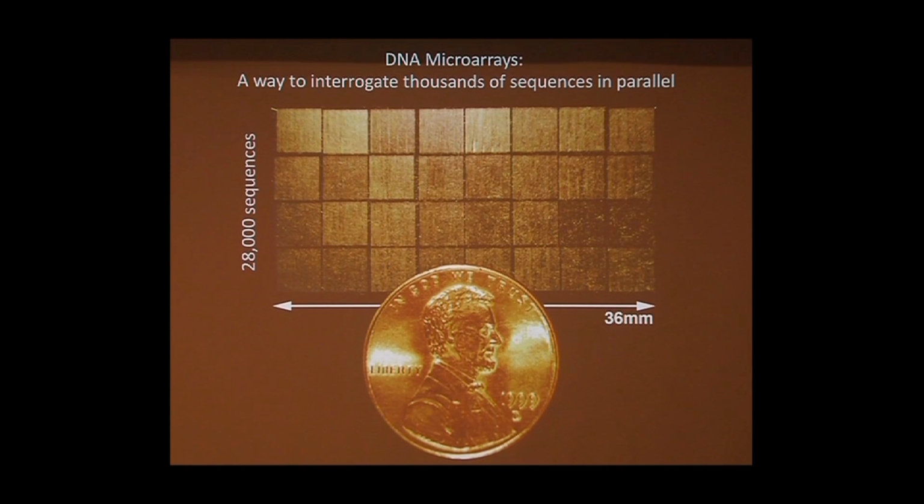This is a diagram, or a little picture actually, of what we call a microarray, a DNA microarray. And DNA microarrays allow scientists to look at thousands of genes at the same time. Okay, so you can get the size of it compared to this little penny down here.